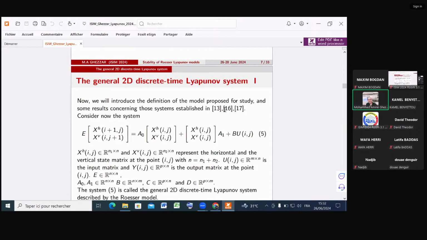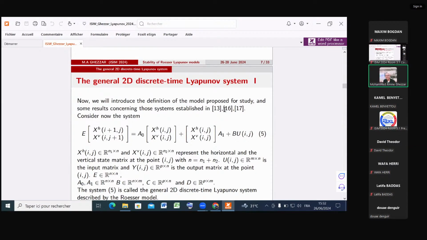As you can see in Formula 5, the unknown X is at the right and left of the form, and it's really difficult to deal with this. The idea of the work is to transform or convert this Lyapunov system. By the way, it's called a Lyapunov system because it seems like the Lyapunov function.